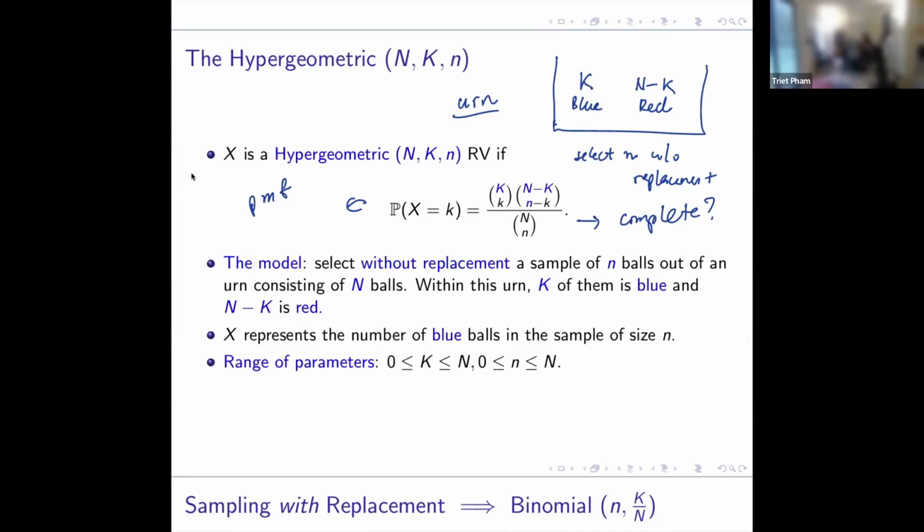Is this a complete description of a mass function, or is something missing? Well, the answer is no. Something is missing. What is missing?